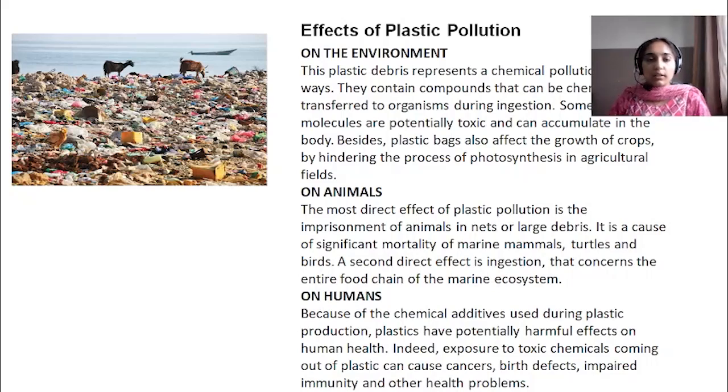Just take one household example. Suppose we want to throw leftover food in front of our house, and suddenly a cow or any animal comes. Make sure that the food is not in any kind of plastic material.